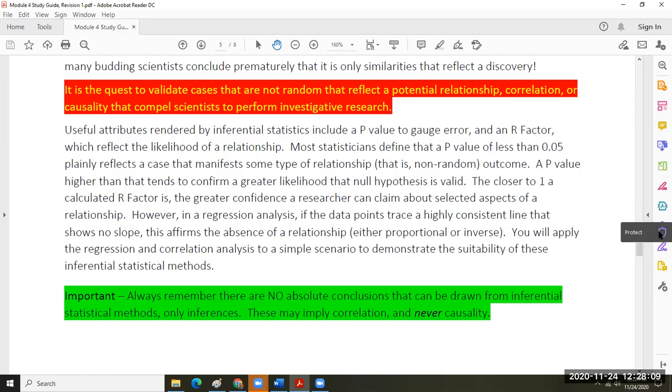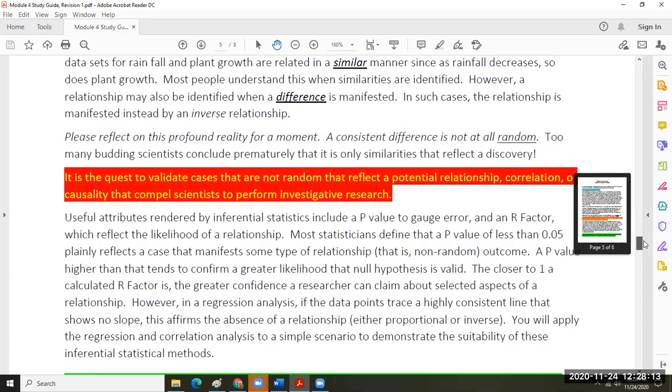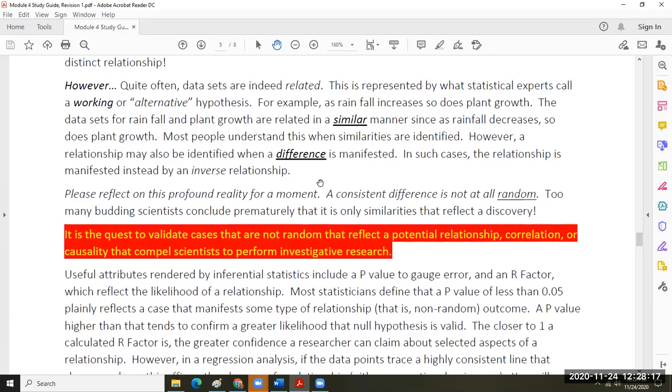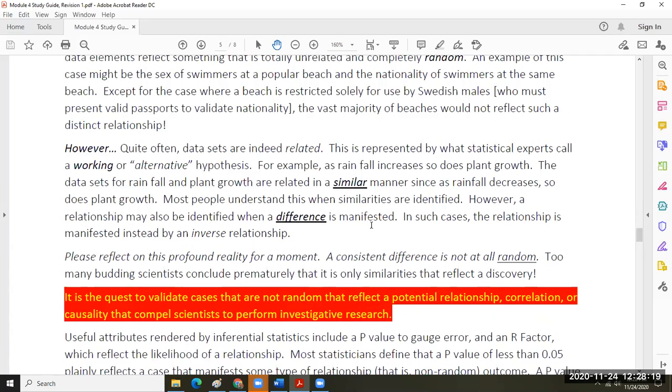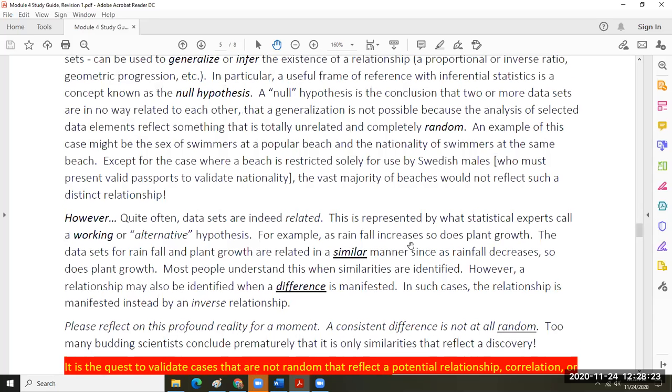A difference is evidence of a relationship, an inverse relationship. So that's the other thing about inferential statistics. You're using probability and you're trying to define this idea of whether or not something is completely random or there's a connection. We're always looking for a connection. Is something related? That's really at the heart of the whole process.